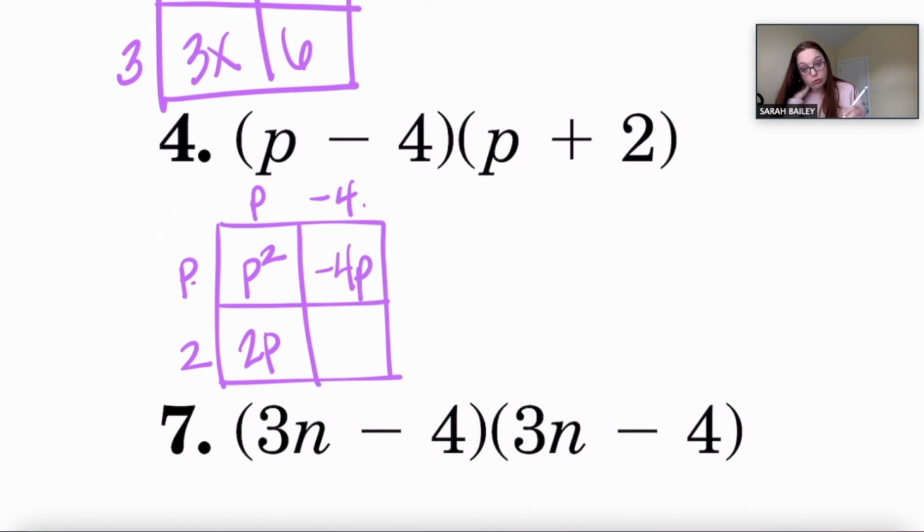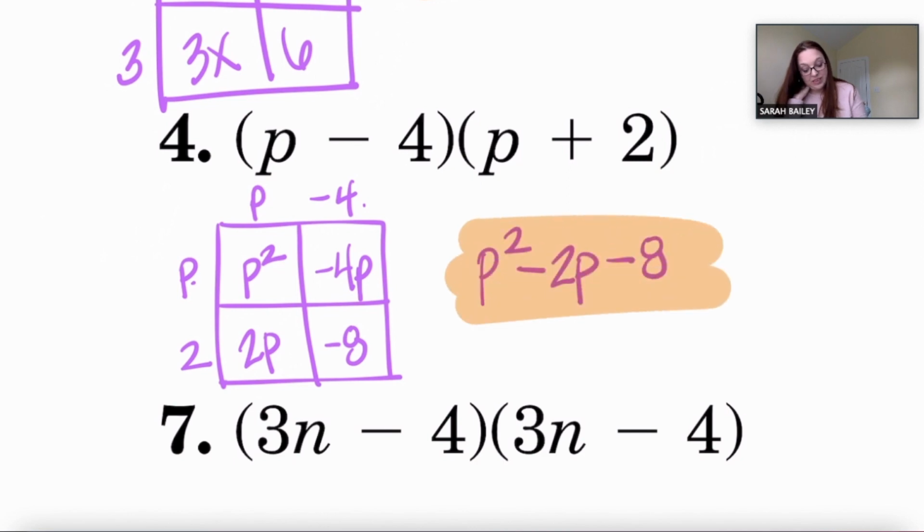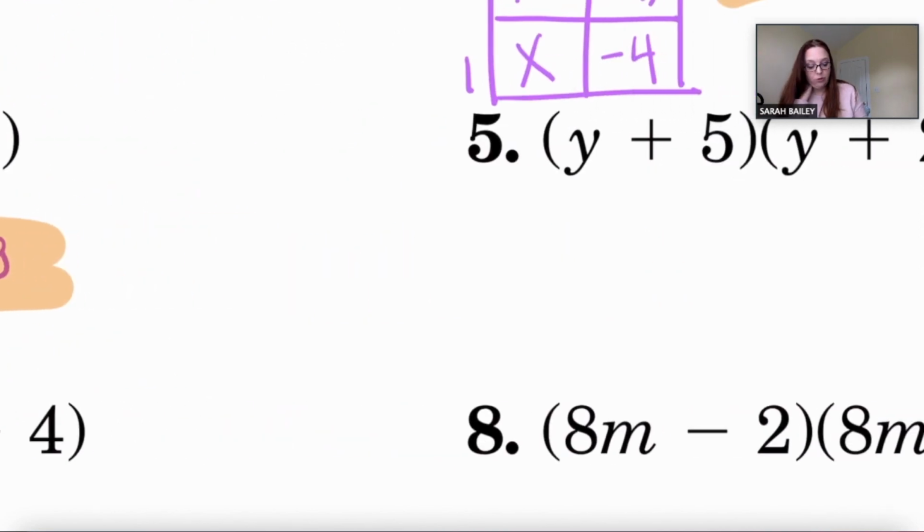And then 2 times the negative 4 is negative 8. So that leaves me with p squared. Then negative 4p plus 2p would be negative 2p, so minus 2p, and then minus 8. That's simple, okay?